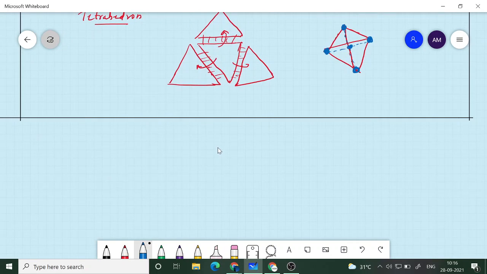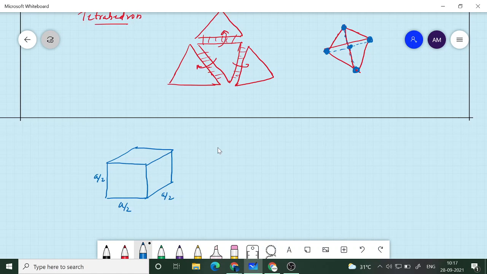A different way of looking at the tetrahedron is to draw a cube. So that is not a cube. You draw a cube. So this is a cube, all sides the same, but now instead of a you take a by 2. So this cube has width, breadth, height, all a by 2.